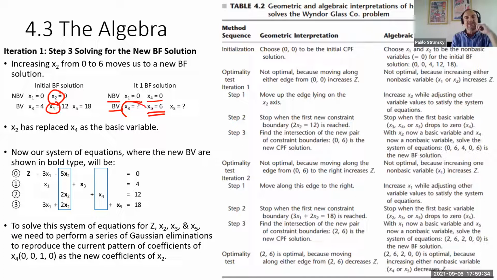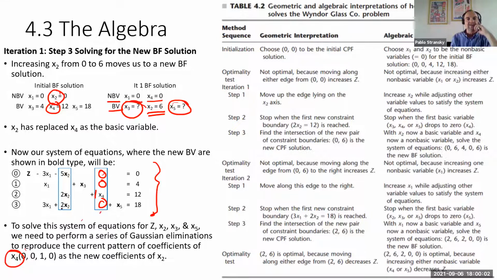We know also that x1 and x4, because they're non-basic variables, are equal to 0. And we still do not know the values for x3 and x5, but we can determine them a little bit later. First, we've got to make some changes in our original augmented form, okay? We need to change this pattern 0, 0, 1 from x4.